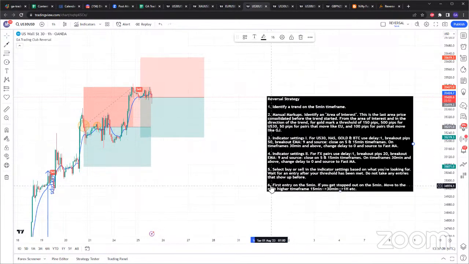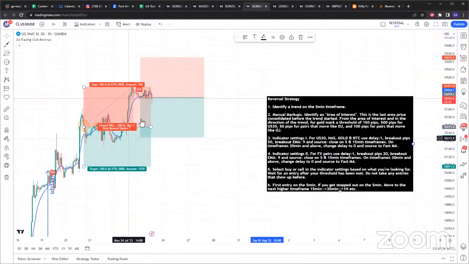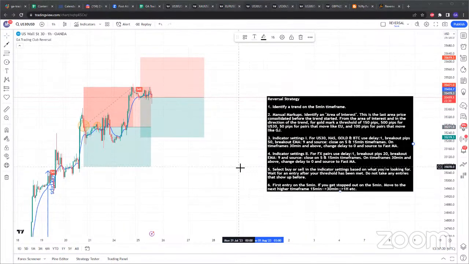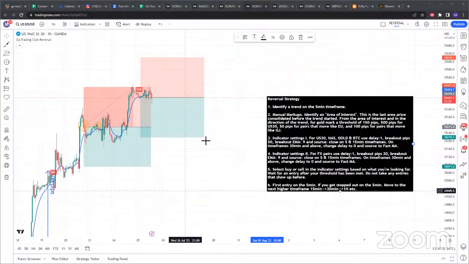That's one of my major confluences. So you can see number 6, first entries on the 5-minute. If you get stopped out on the 5-minute based on the reversal strategy, move to the next higher time frame. So unfortunately for US 30, we got stopped out on the 5, 15, and 30. Given that all the trades for US 30 I'm taking are 200 pips, it means US 30 has already pumped up 600 pips, which is a heavy move.